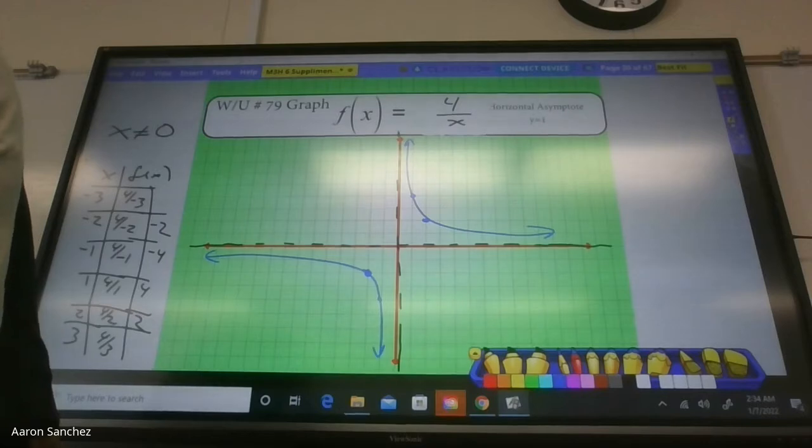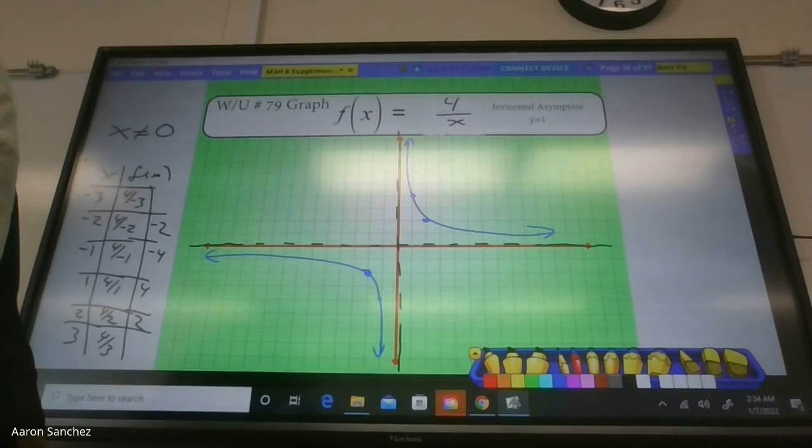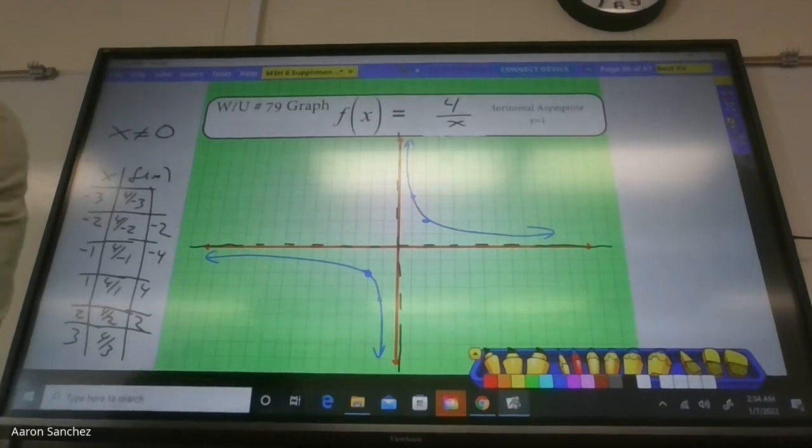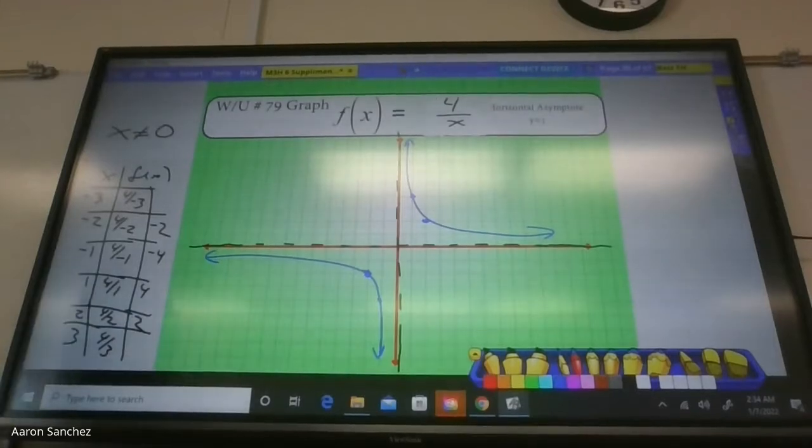Someone else want another one, or is that it? Was it just 6 and 7? I thought someone wanted another one. Okay, cool. So I have homework for you.